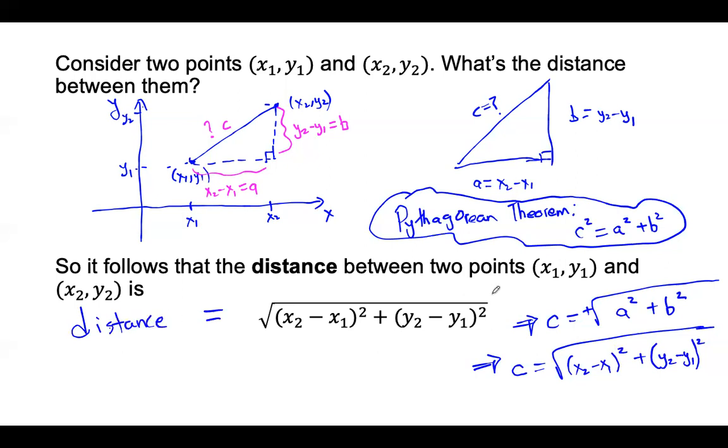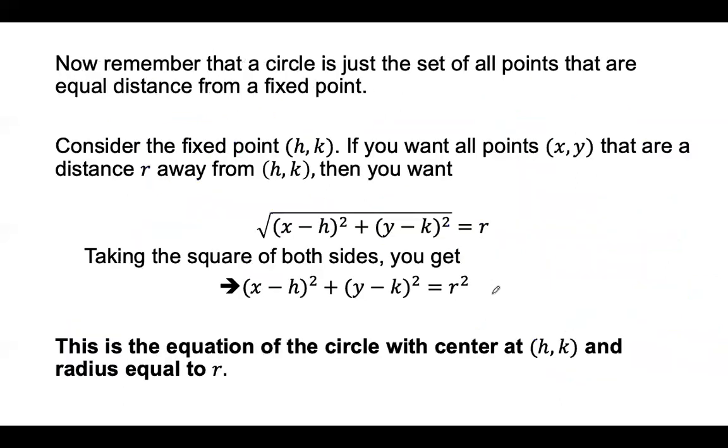It's a very useful formula, especially in algebra, in lots of different situations. But remember, we're talking about circles. So we're trying to come up with an expression for our circles using distance.